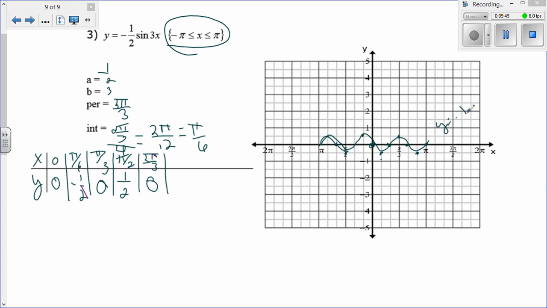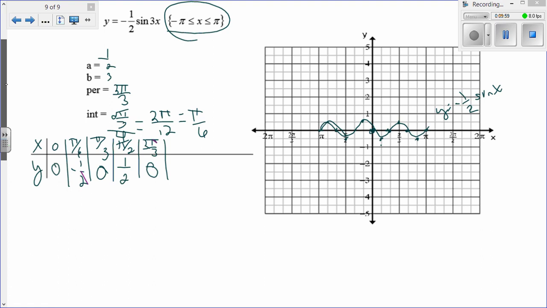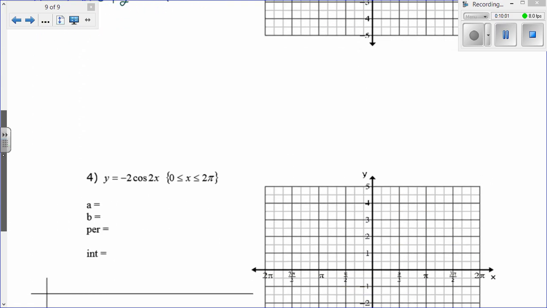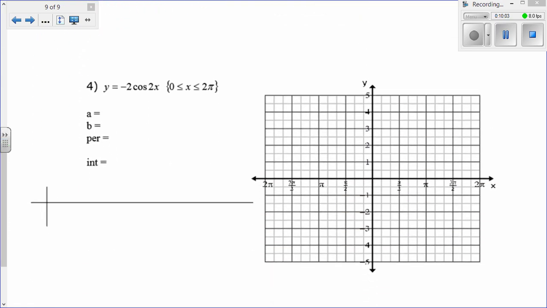Y equals negative 1/2 sine x. Alright, last one. Y equals negative 2 cosine 2x from 0 to 2 pi. So my amplitude is still going to be 2 because the absolute value of negative 2 is 2. My frequency is 2.